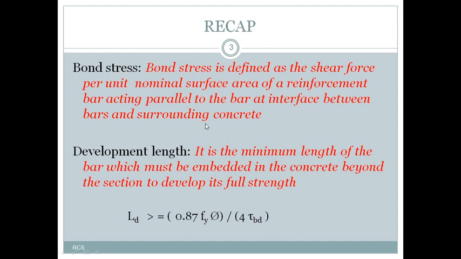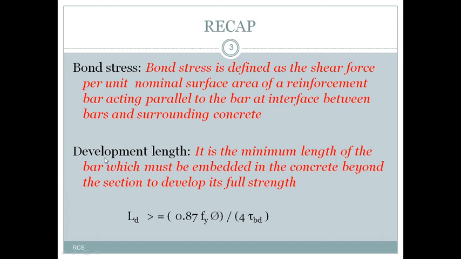That means it is the stress induced at the interface of the steel and concrete, which is acting parallel to the reinforcing bar. Right? By means of this bond stress, the loads will transfer to the concrete.